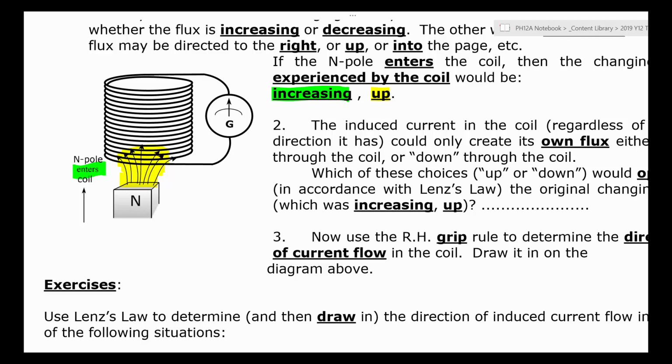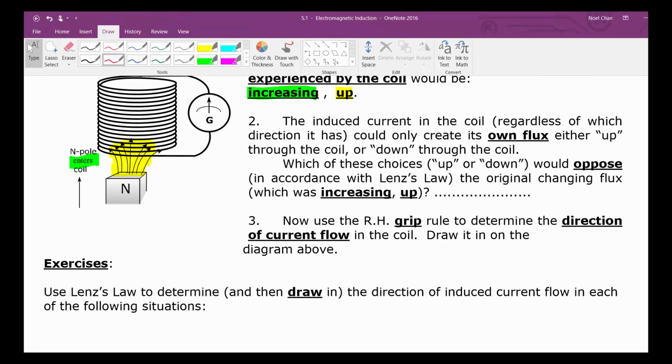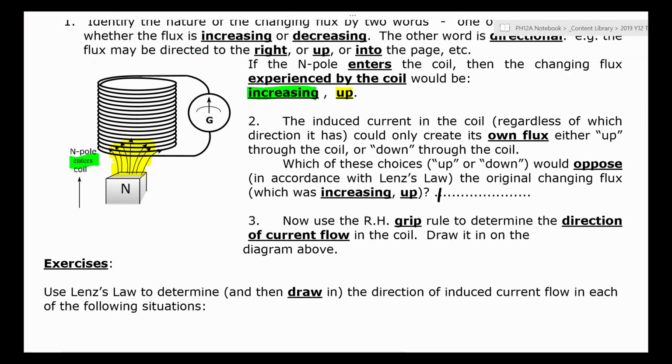If there's an increasing up flux, it would then try to create a flux that's going to cancel this out. If it's going to cancel out something, first of all, it has to create an increasing amount of something. So it'll be increasing all the time, by the way, in step 2. But the direction is important. If I've got increasing up as the change, then to cancel it out, there must be some downward magnetic field to cancel it out. So this will be increasing down.